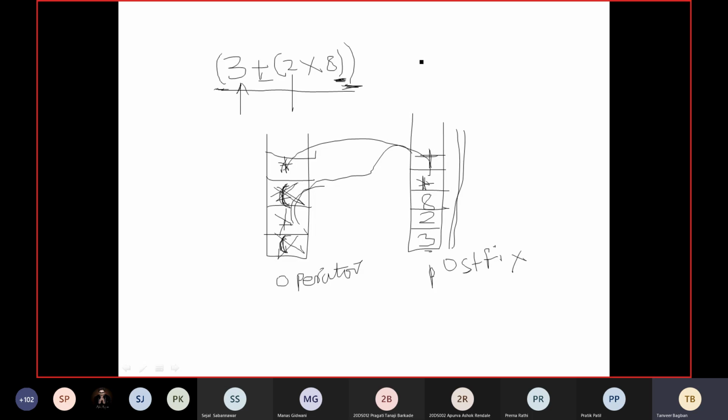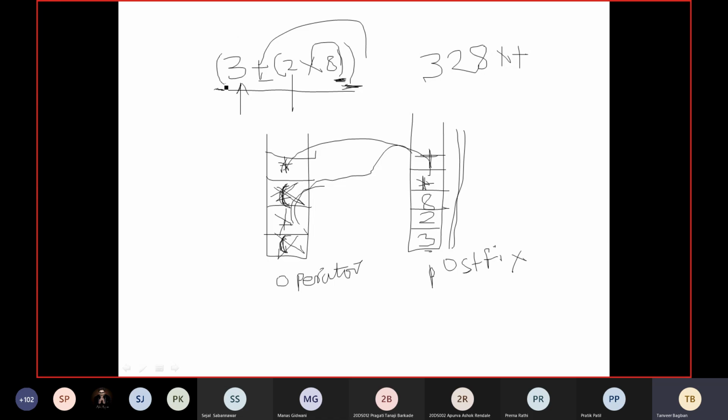So when you write this expression: 3, 2, 8 and multiplication and plus. So you get the postfix equivalent to this. See here, first we remove multiplication and then we remove plus.